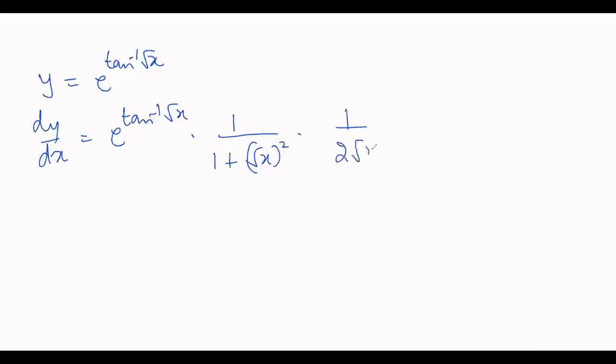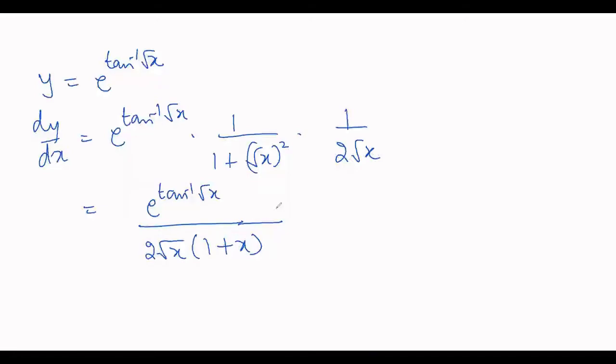So my final answer can be written in this form: e power tan inverse root x divided by 2 root x into 1 plus x. Okay, clear this. Next, we'll look at differentiation using trigonometric identities.